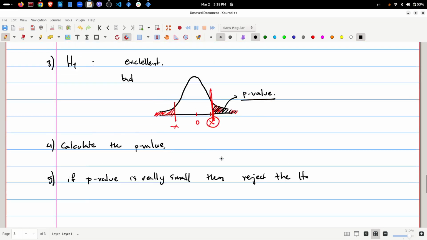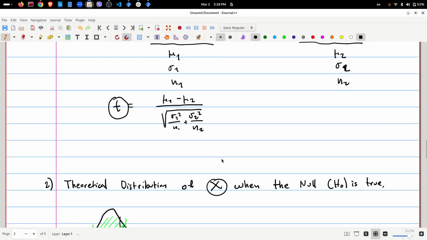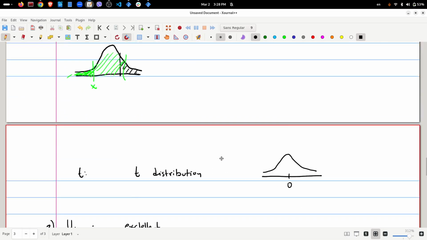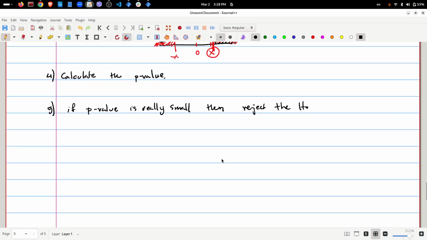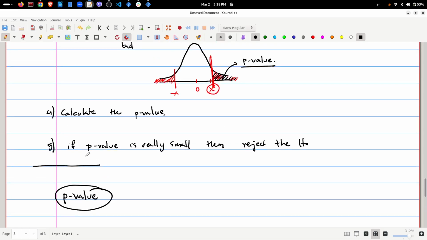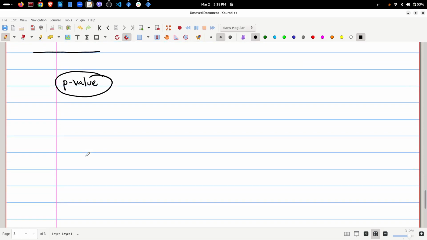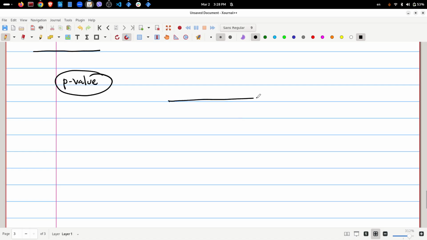So all these steps are behind the so-called hypothesis testing, and usually the final result is exactly this p-value, which is exactly the probability to observe some x the same or more extreme than the observed value.